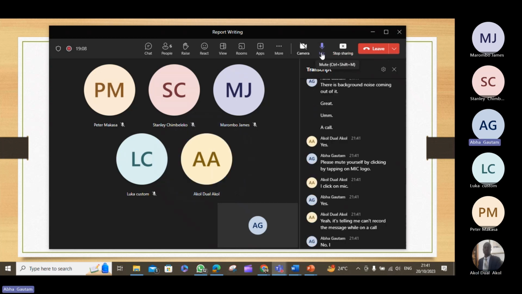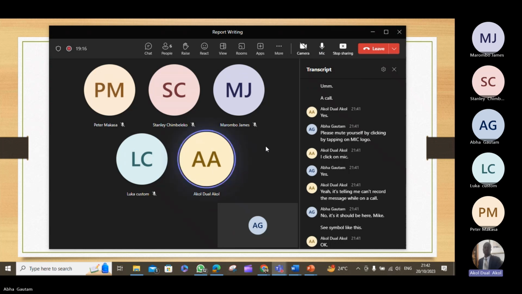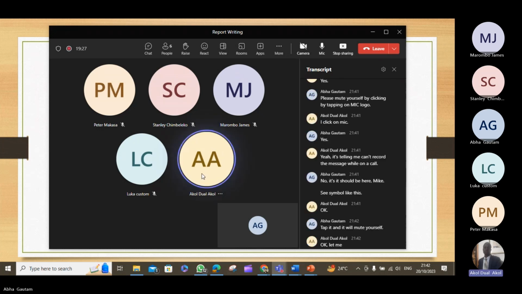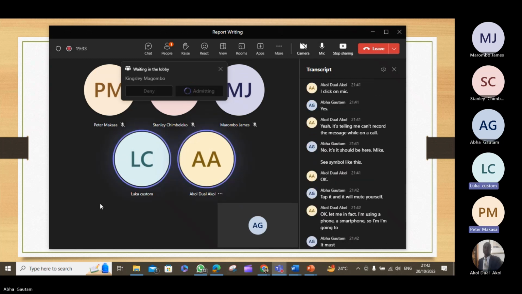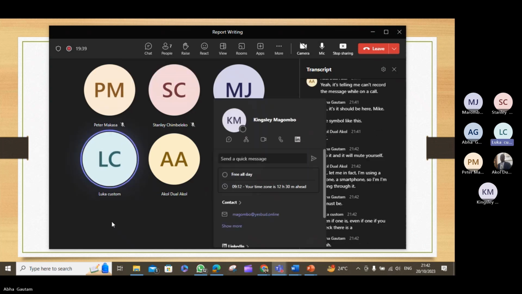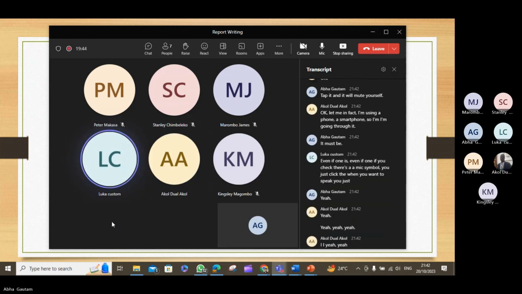No, it should be here, the mic. See, a symbol like this. Tap it and it will mute you. I'm using a smartphone, so I'm going through it. Even a phone, yeah. If you check, there's a mic symbol. When you want to speak, you just raise your hand.